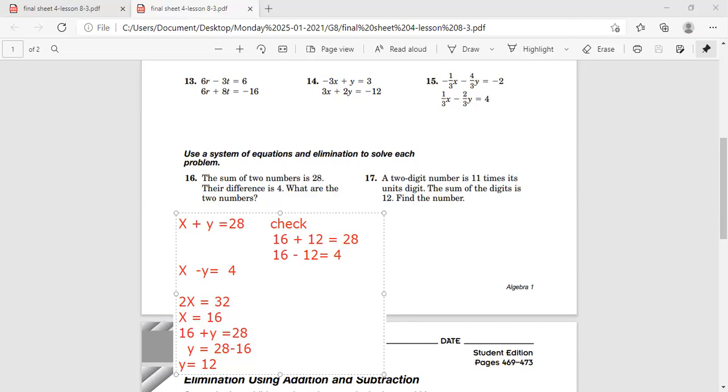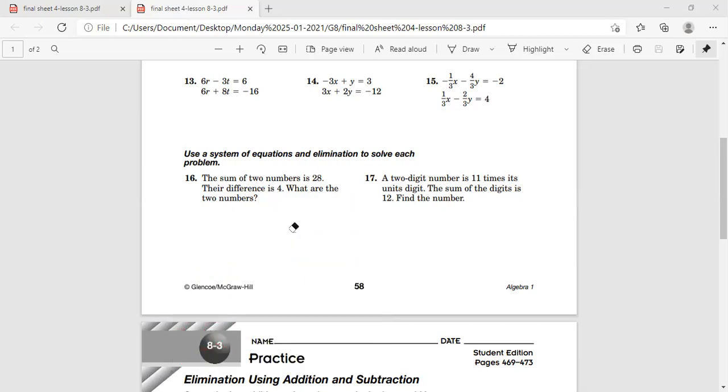So both sides equal 4, which means the two numbers we were talking about are 16 and 12. We will translate the question into equations, and then we have a system of equations, and we will solve them together.